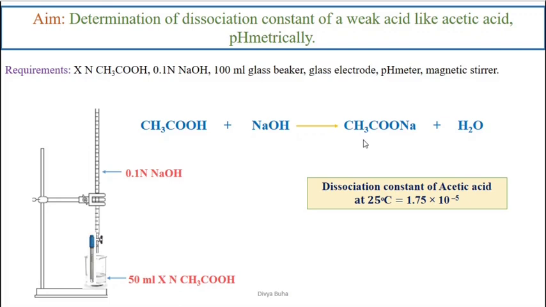But if we consider half neutralization, only half of the amount of acetic acid has been neutralized and converted into salt, then at that time the concentration of acid as well as the concentration of salt would be the same in the solution, because only half of the neutralization of acetic acid would have occurred.